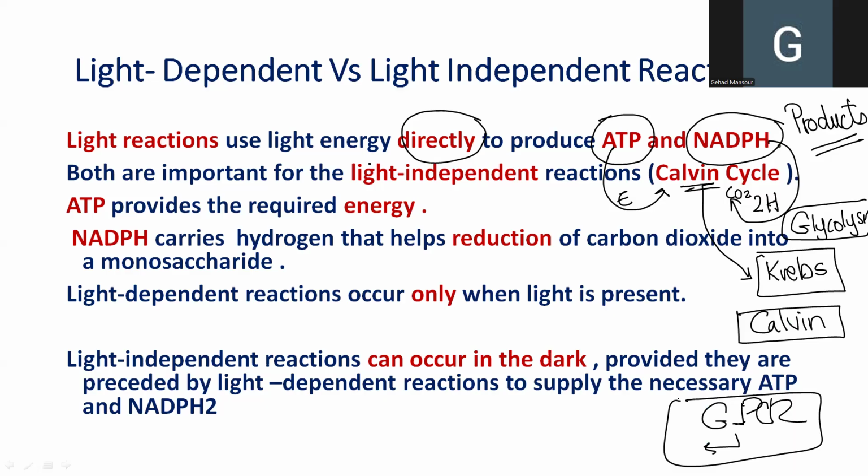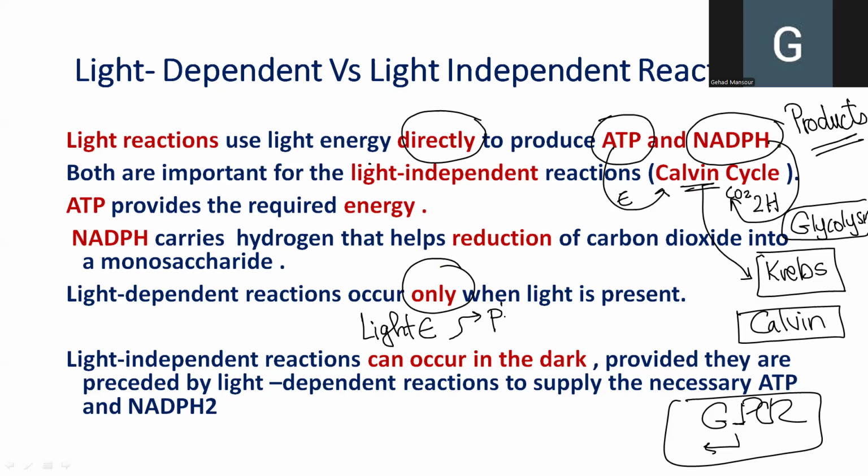So ATP provides the required energy, reduced NADP carries the hydrogen that will help in reduction of carbon dioxide, and light-dependent reactions occur only when light is present. And as we have said before, why only when light is present? Because they require light energy for several reasons.